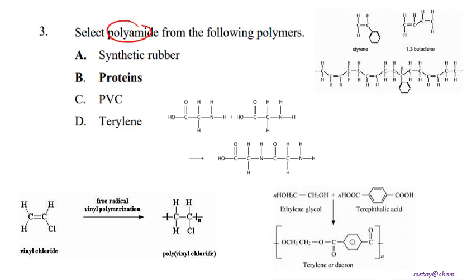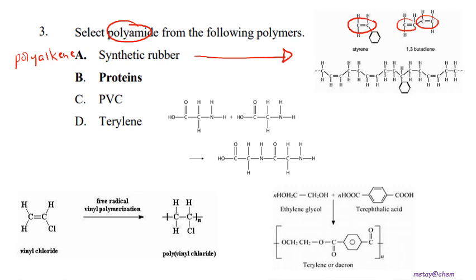Question number 3. Select the polyamide from the following polymers. This one is an example of synthetic rubber. We can see the monomer consists of a carbon-carbon double bond, so if it forms the polymer, it will be a polyalkene. For proteins, the monomer is amino acid.